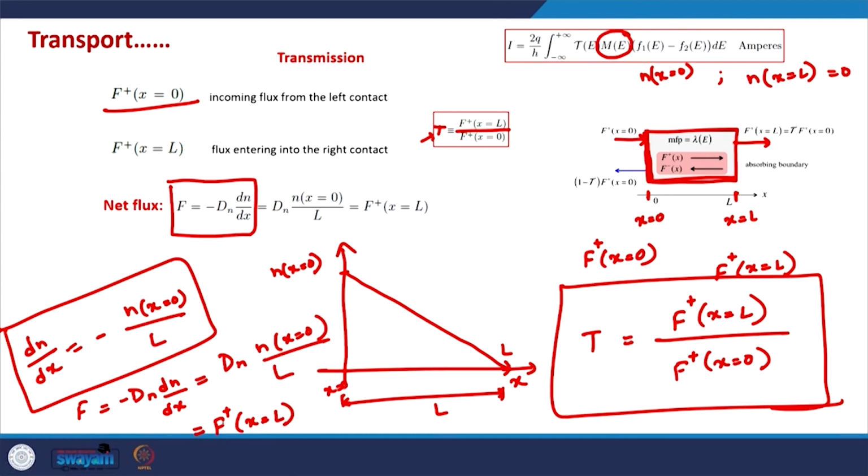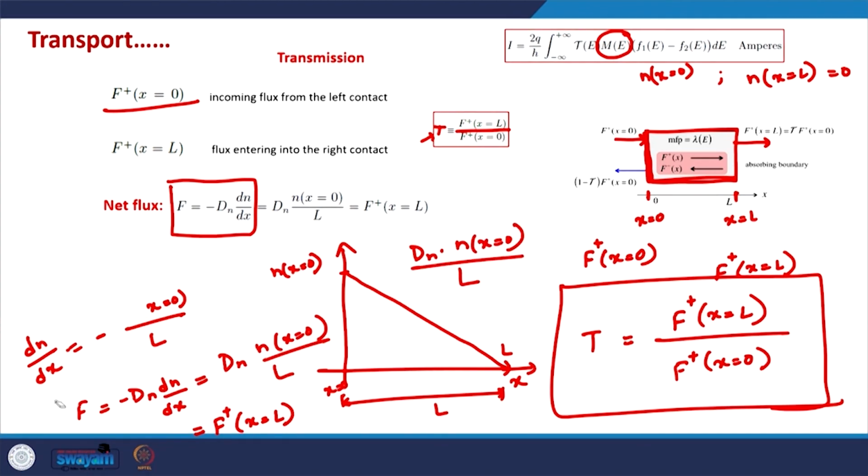We have calculated the flux reaching the right contact in terms of the diffusion constant: D_N times the number of excess electrons on the left contact divided by the length of the channel. And what is the flux on the left contact?